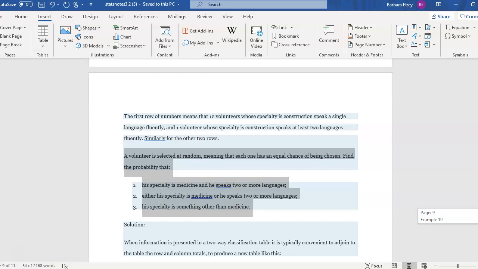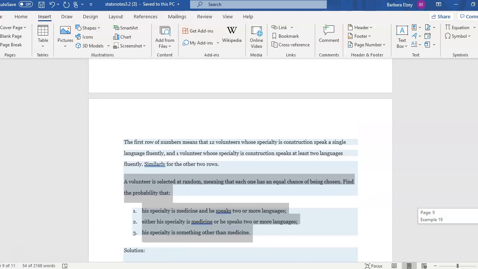A volunteer is selected at random, meaning that each one has an equal chance of being chosen. We want to find the probability that his specialty is medicine and he speaks two or more languages. We want to find the probability that either his specialty is medicine or he speaks two or more languages. And we want to find the probability that his specialty is something other than medicine.